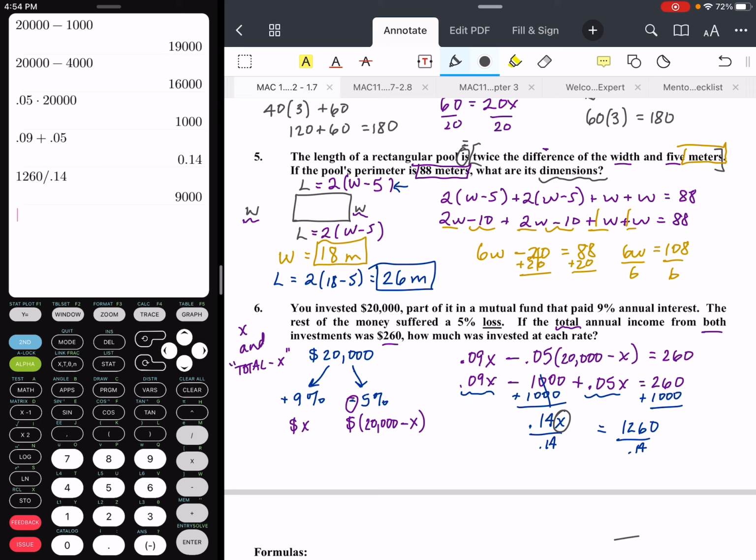So that means $9,000 are invested at that 9% gain, because I put x dollars in my 9% account. That means the leftover, 20,000 minus 9,000, which would give me the remaining $11,000, was invested at the 5% loss.